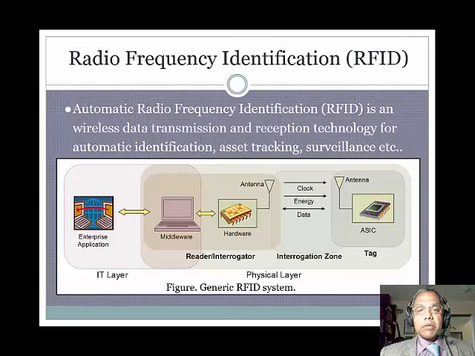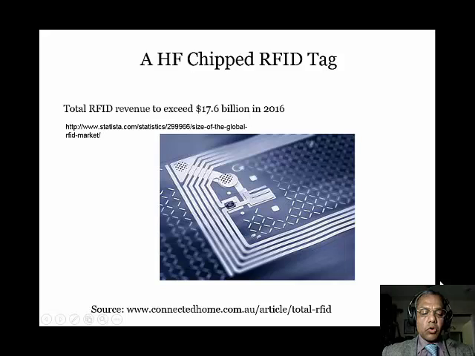We use RFID in our everyday life. Car immobilizers are vivid examples of RFID application. The photograph shows a near field, also called magnetically coupled, chipped RFID tag. The rectangular coil antenna couples magnetic field, also called H field, with the reader coil antenna.